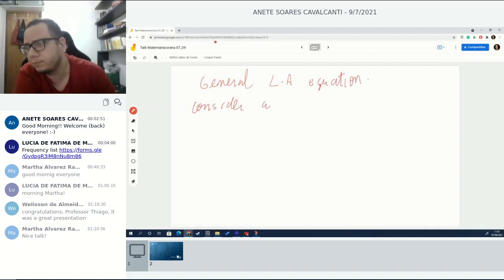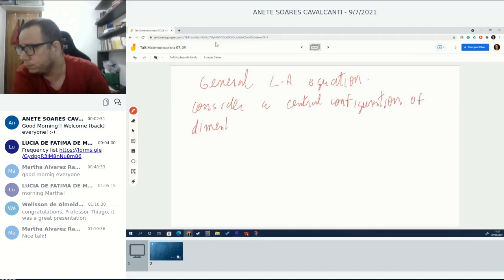Consider a central configuration with n bodies and dimension d minus L. Sorry.